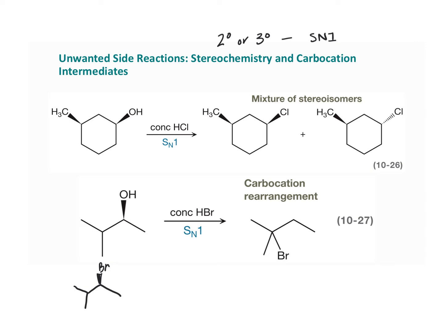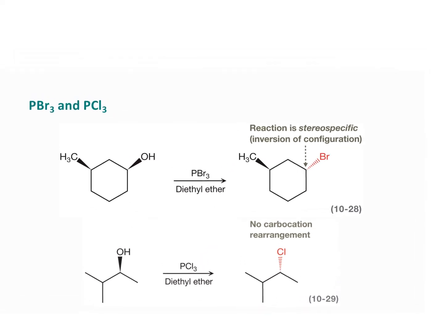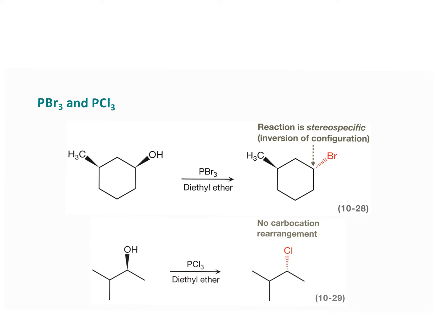So because HCl and HBr have some limitations, we need other ways to go from an alcohol functional group to an alkyl halide. And good choices for this include phosphorus tribromide or phosphorus trichloride. Phosphorus tribromide or phosphorus trichloride don't have really any of the disadvantages that arise from using HBr.